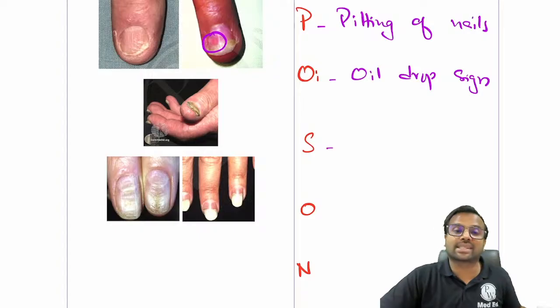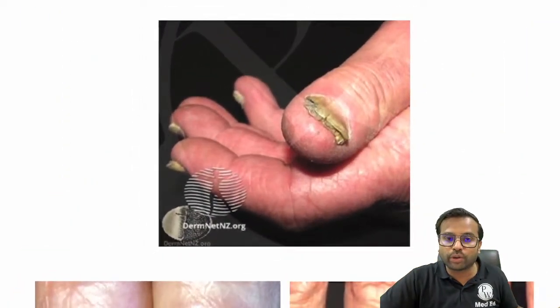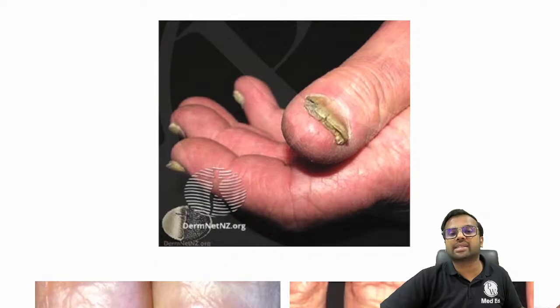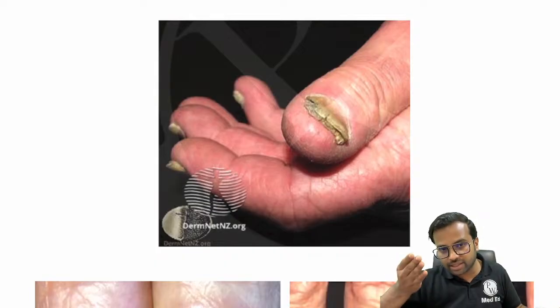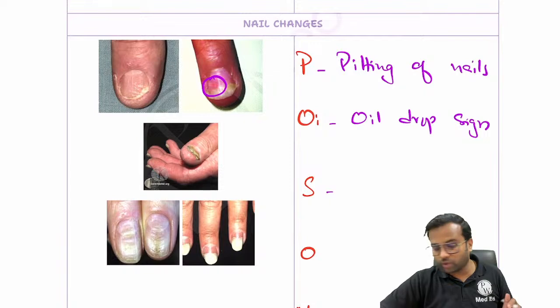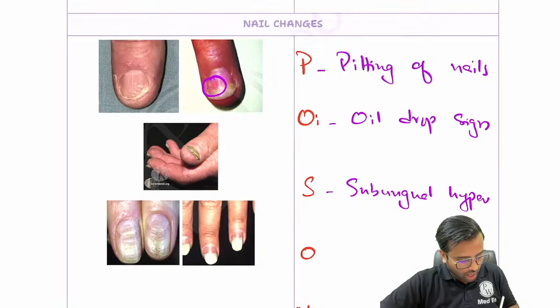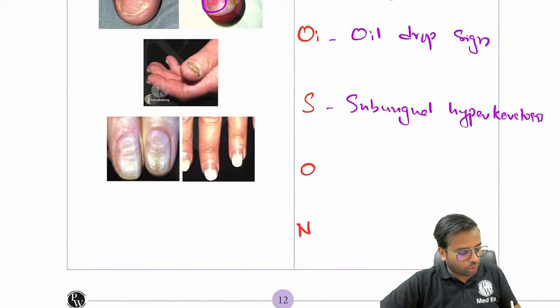How about S? S means this one. I'll just zoom this for you. You can see that there is a thickening of the nails just beneath it, right? So what is that called? Very good, Sagufta. It is called subungual hyperkeratosis. And what about O?